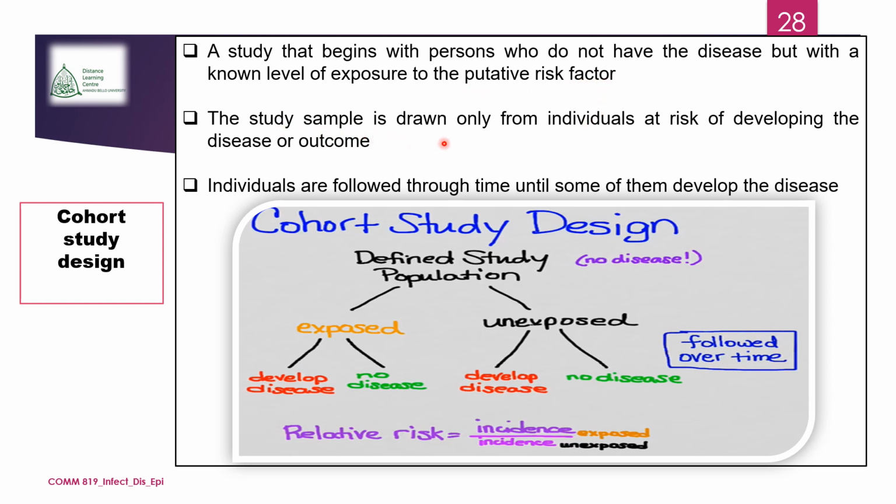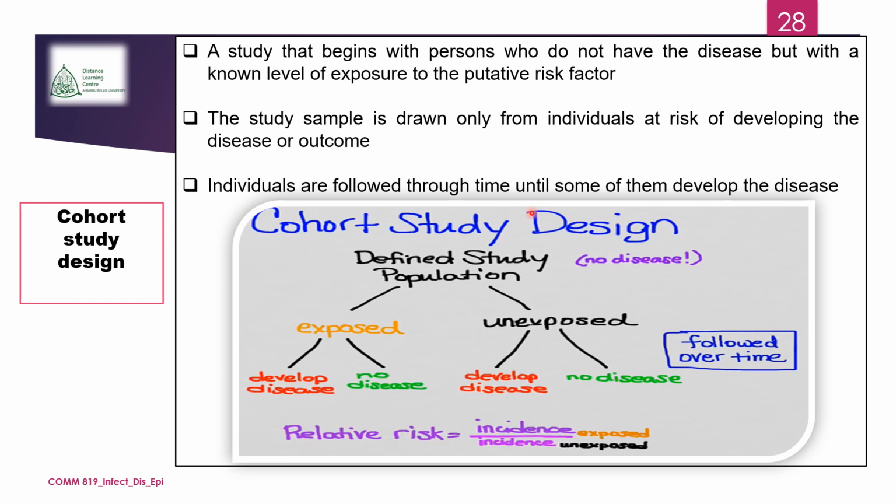The study sample is drawn only from individuals at risk of developing the disease or outcome. Then individuals are followed through time until some of them develop the disease. A typical example is maybe people that stay under telecommunication masts. We know that usually physical radiation from these telecommunication masts is associated with cancer.